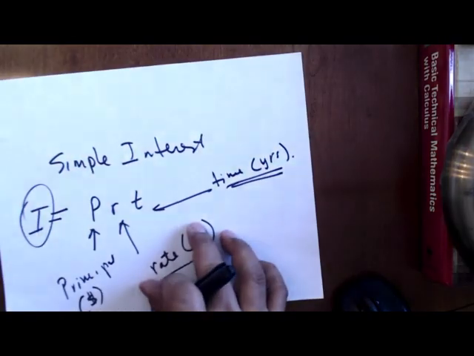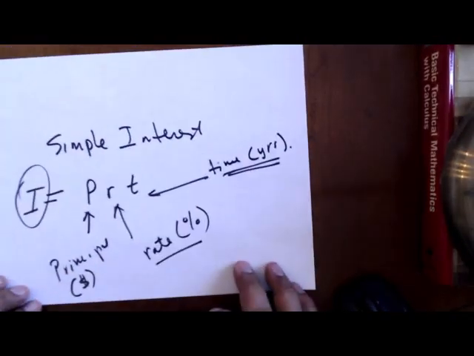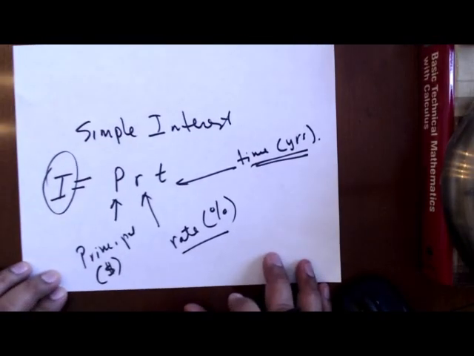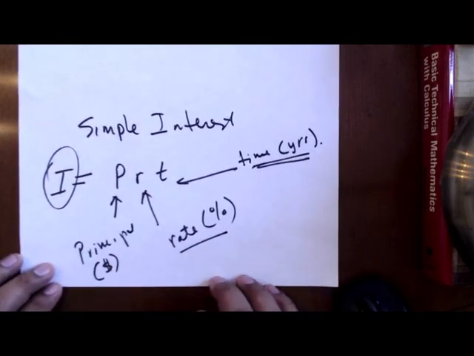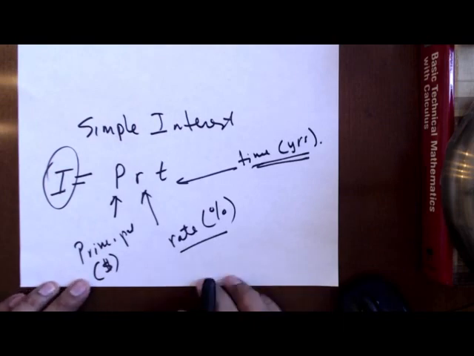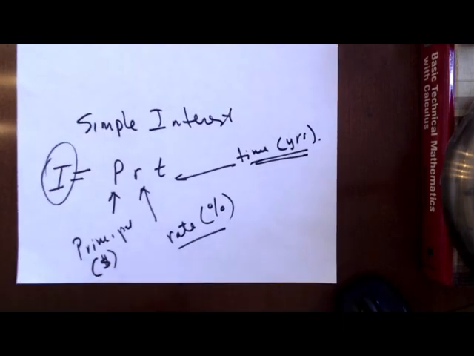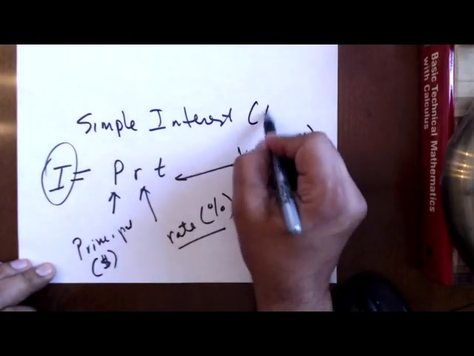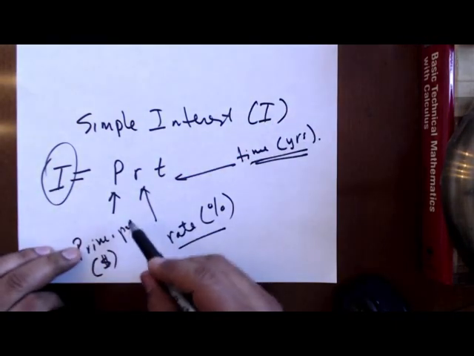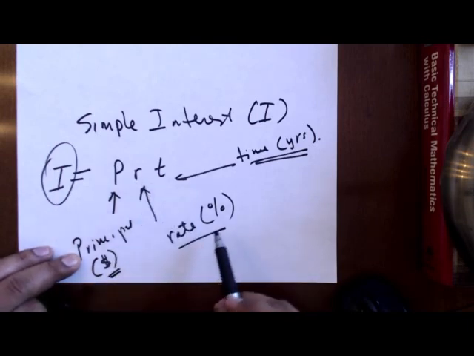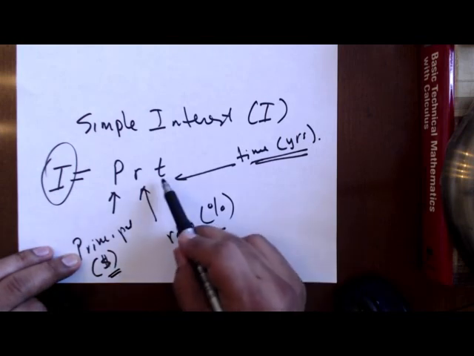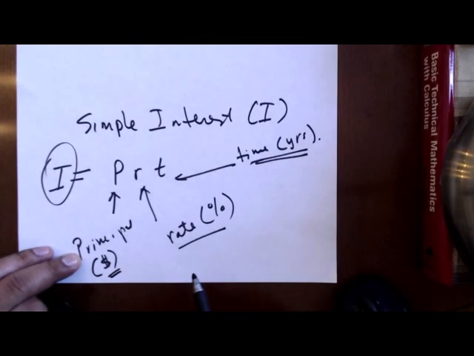So we already have been working with the concept of simple interest. We covered this a few weeks ago, right? And the calculation for simple interest is I equals the principal. That amount is given in dollars, that's the unit. The rate is in percentage, and the time is given to you in years.